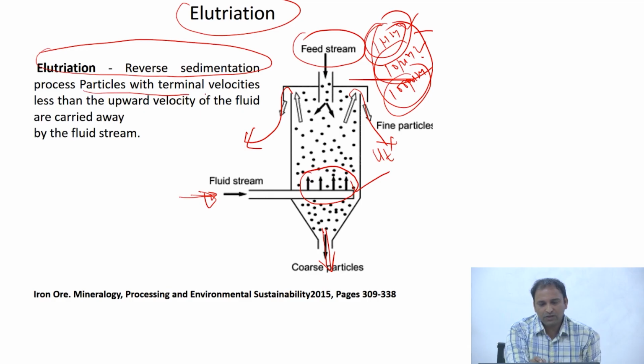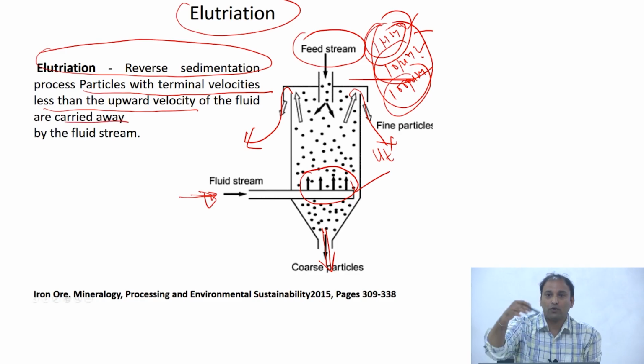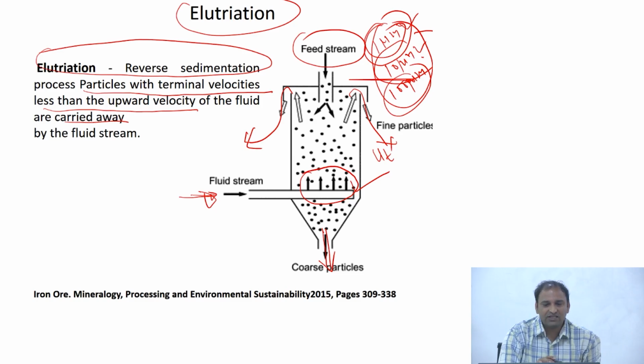The particles with terminal velocities less than the upward velocity of the fluid are carried out along with the fluid. That's what happens in elutriation, and it is typically used if you have particles of different sizes but the same density in a given mixture.